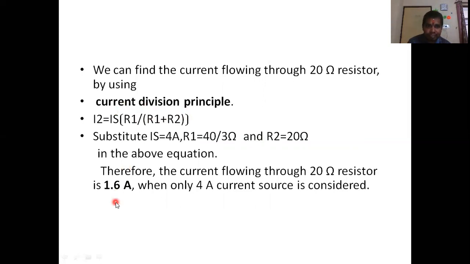So now you got the current of 1.6 ampere flowing through this 20 ohm resistance when you have this 4 ampere source connected. So now you have determined the response in the 20 ohm resistance for the 20 volt voltage source and 4 ampere current source.